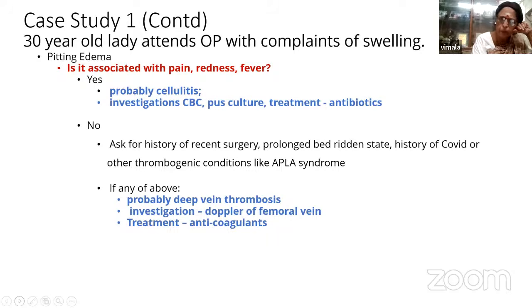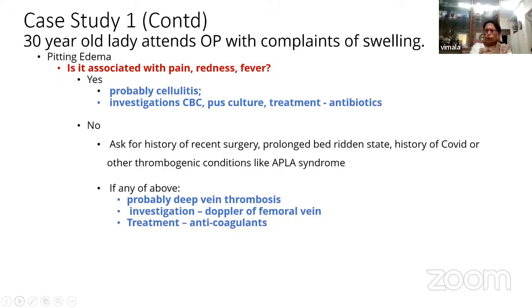So how do you confirm a deep vein thrombosis? You can do an ultrasonogram, but it is confirmed by a Doppler of the femoral vein, when the lower limb is swollen. Why should you identify this condition? If you don't identify deep vein thrombosis, and if the patient continues to be ambulant, the simple DVT can lead to a fatal pulmonary embolism.